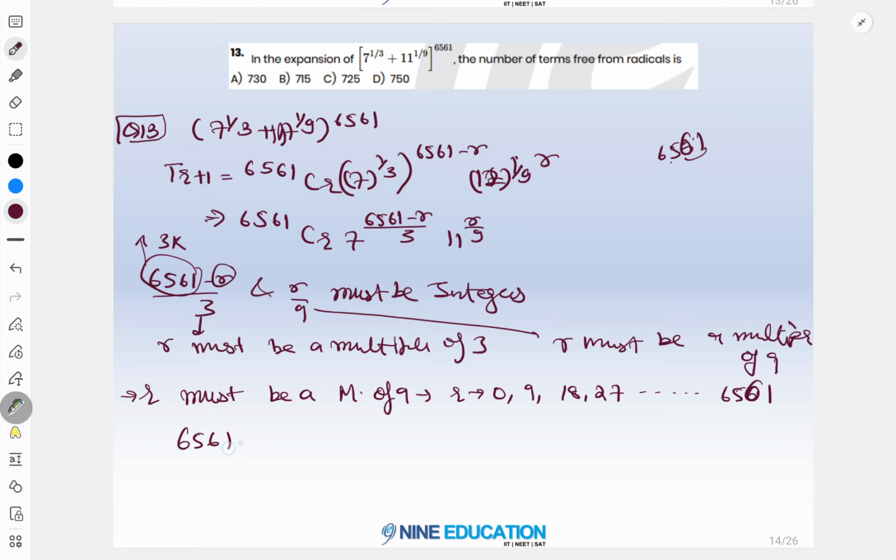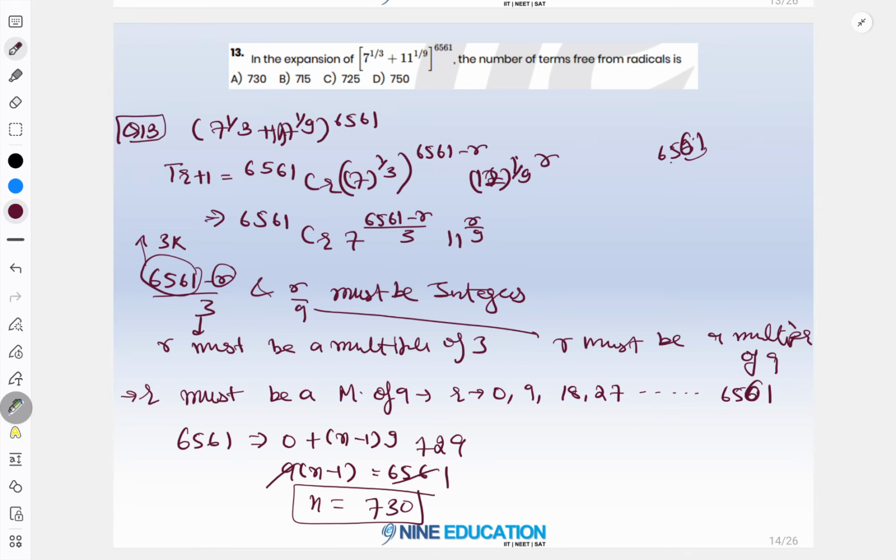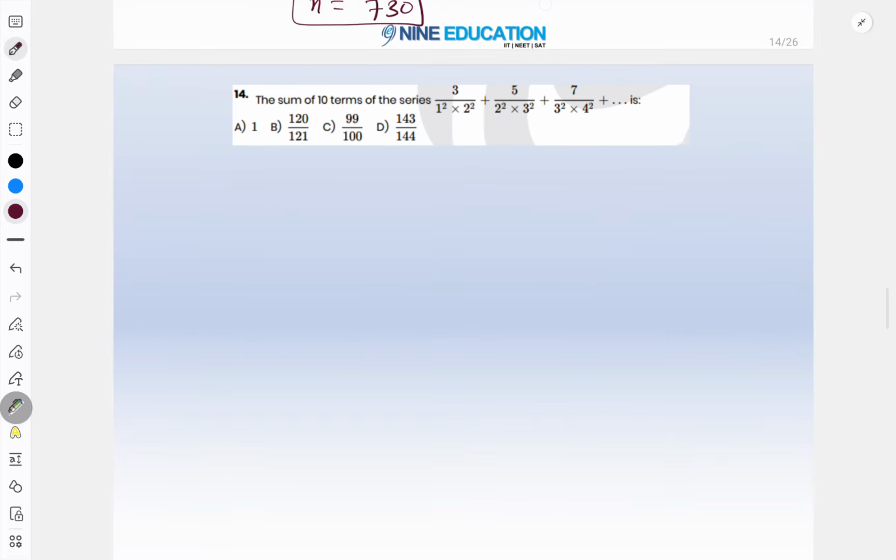The last term is 6561, the first term is 0, and the common difference is 9. So 9 into (n minus 1) is equal to 6561, which makes it 729. So n is equal to 730. So the number of terms which are free from radicals is 730, option A.